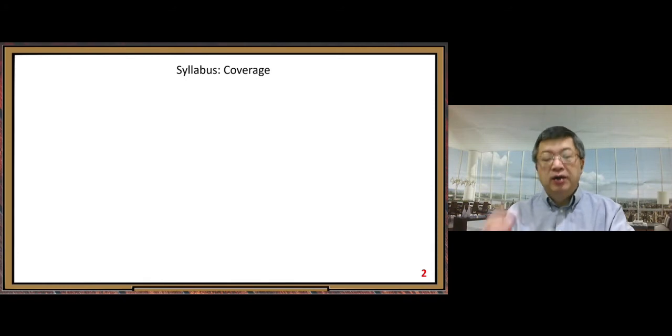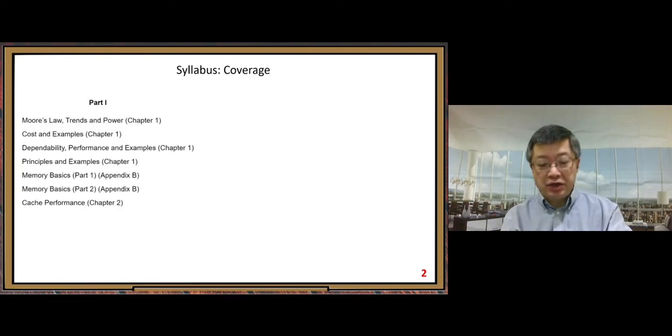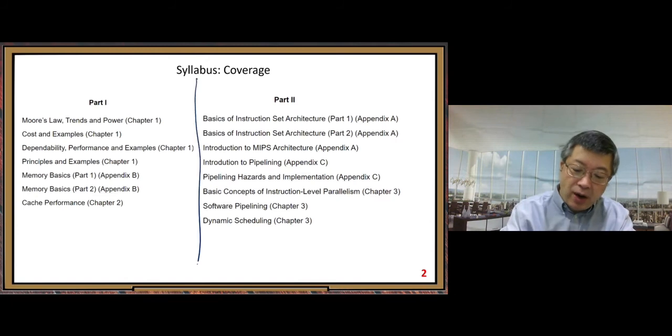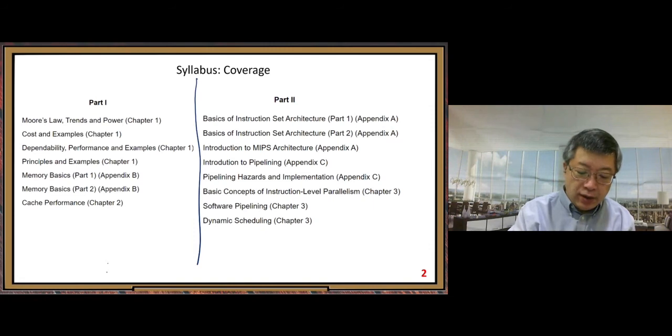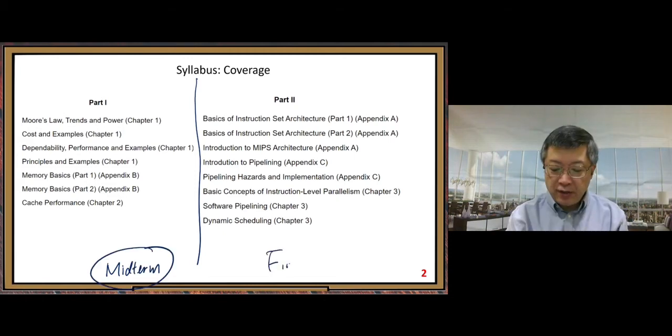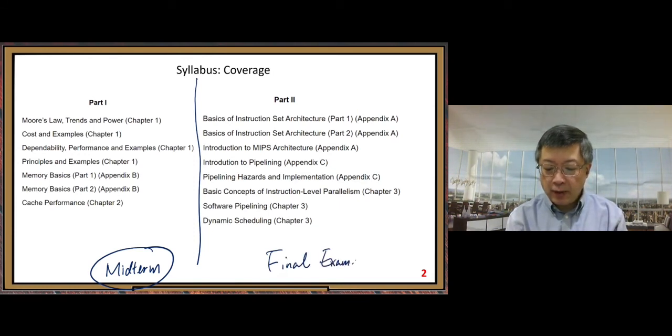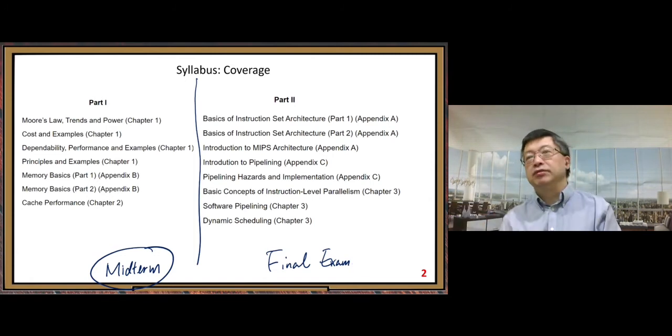Then the last part, the coverage of the course materials. In the syllabus, I list the topics and divide them into two parts: Part 1 and Part 2. Part 2 is the part we will do in the final exam, and the final exam is not comprehensive.